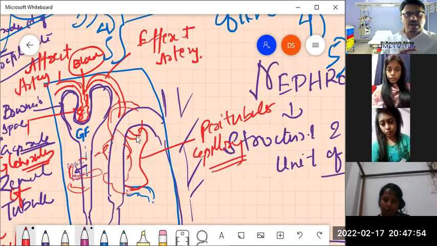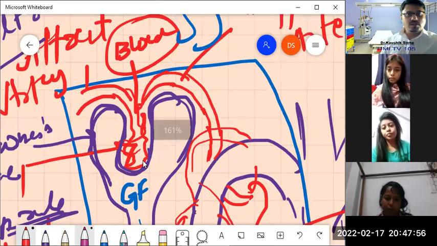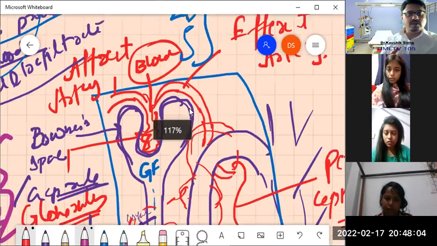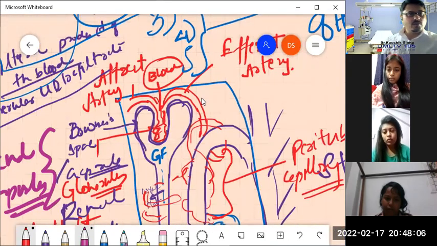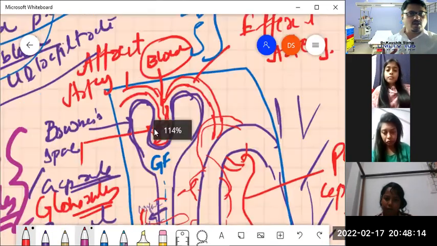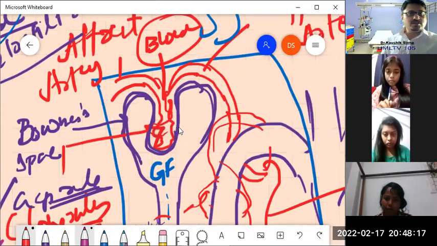The blood that is entering into the glomerulus is not getting filtered of its waste 100%. Some residue is being carried away by the efferent artery, quite naturally, because the process is very fast. Being that very fast, not always is it necessary that all the waste materials would move into the Bowman space.